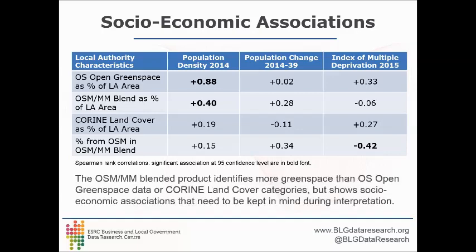So I think we can say overall that we've created a blended product that can identify more green space than those other two data sets, although clearly the Open Greenspace data set produced by Ordnance Survey was designed for a slightly different purpose. It's focusing very much on accessible recreation.